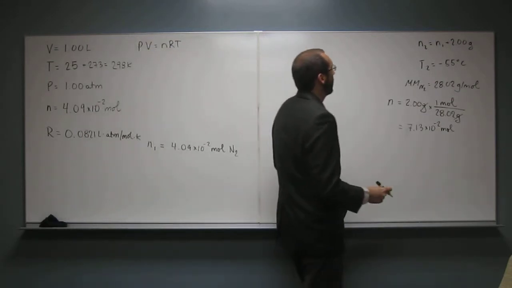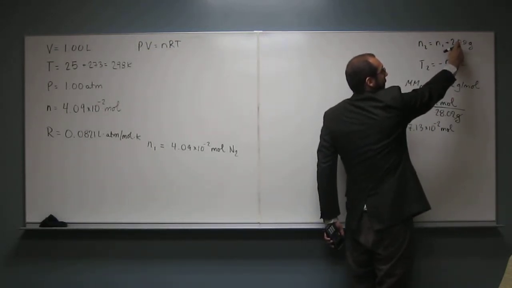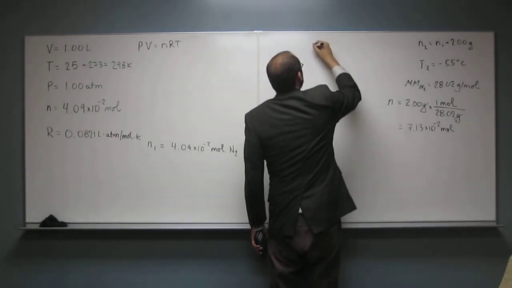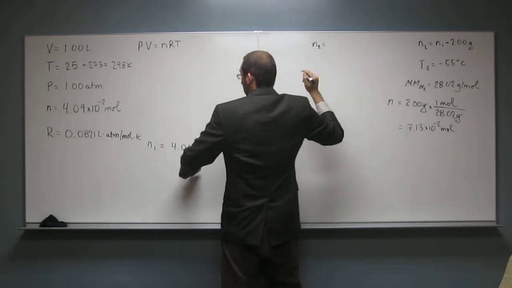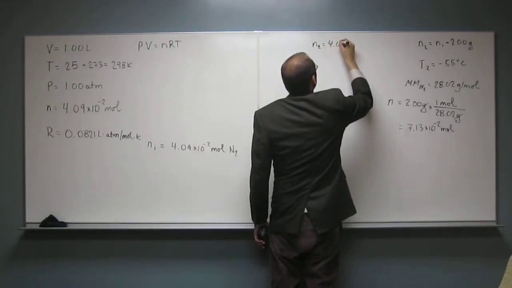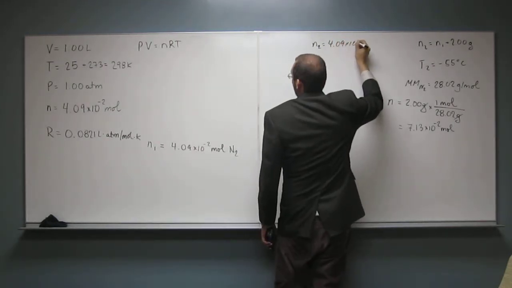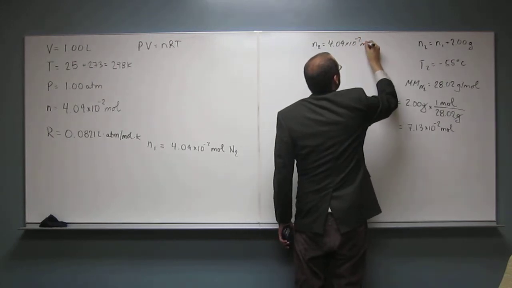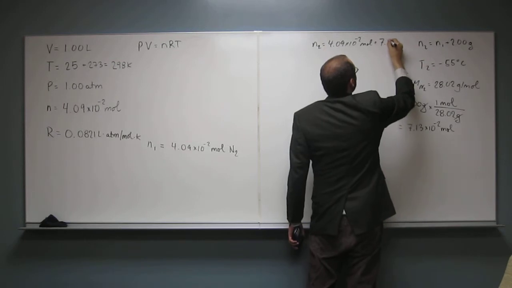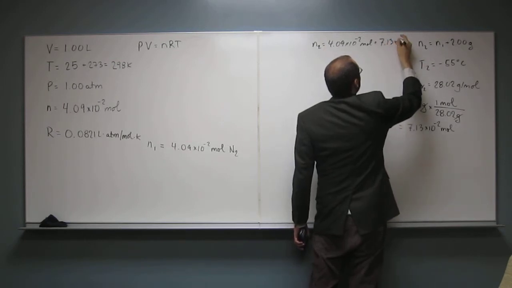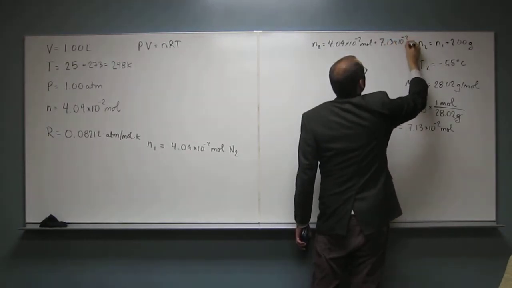So that's that right there. So N2 is going to equal N1, 4.09 times 10 to the negative 2 moles, plus 7.13 times 10 to the negative 2 moles.